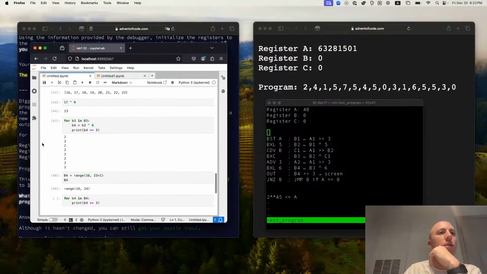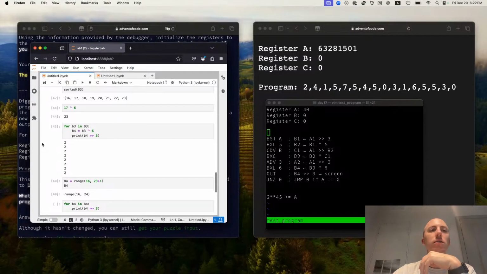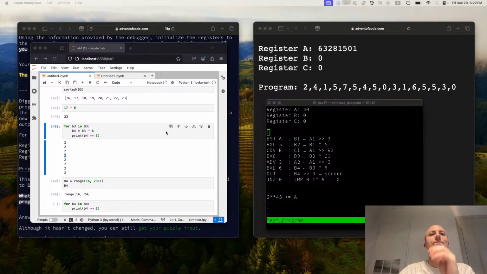So we were investigating this Zor interval thing.